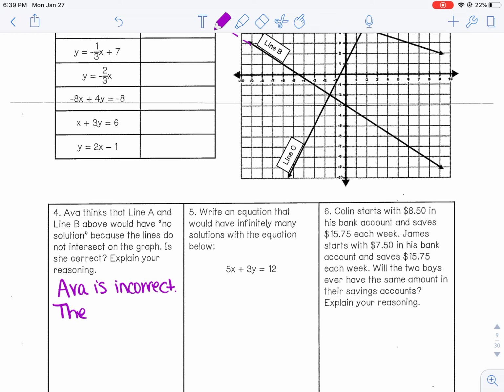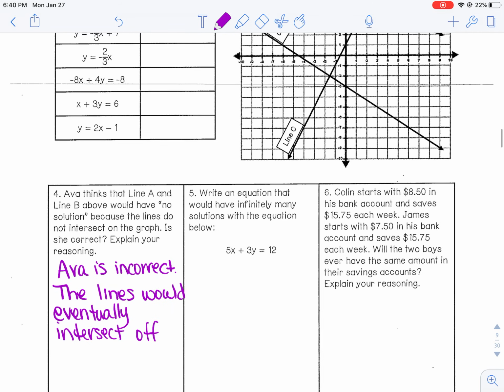The lines would eventually intersect off the graph. And you can tell that they don't have the same slope, and if they don't have the same slope, they will intersect.